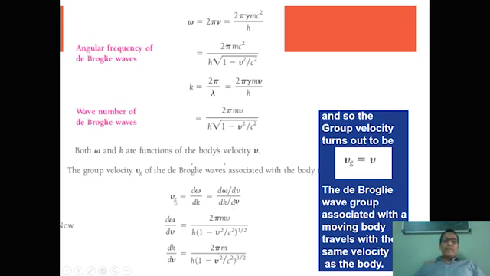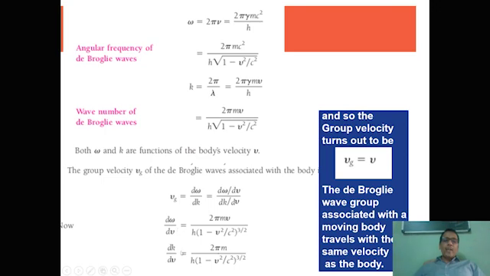In order to calculate vg, we have to calculate the differentiation of omega with v and of k with respect to v. We have this omega and this k, so just differentiate d omega in terms of v and dk in terms of v, and the value will be like this. I am leaving this for the student to take the differentiation of these two terms.